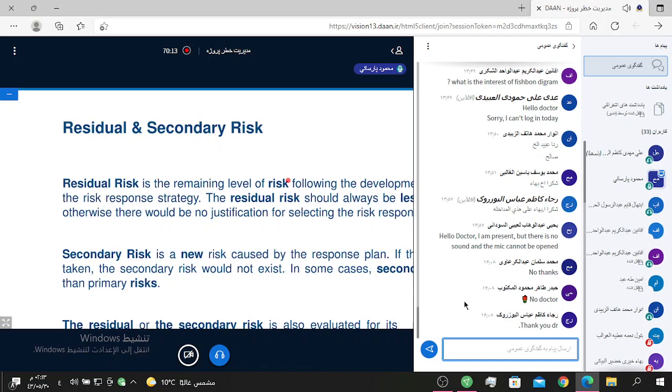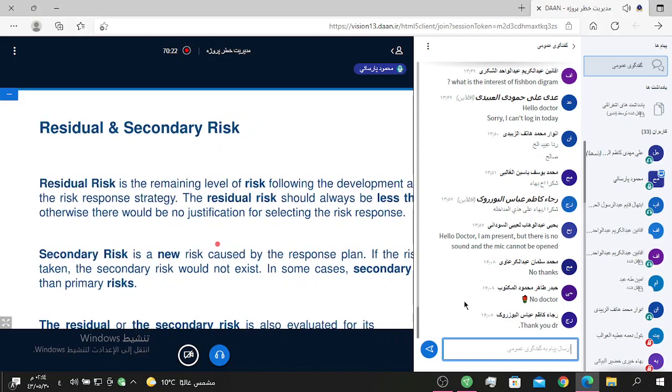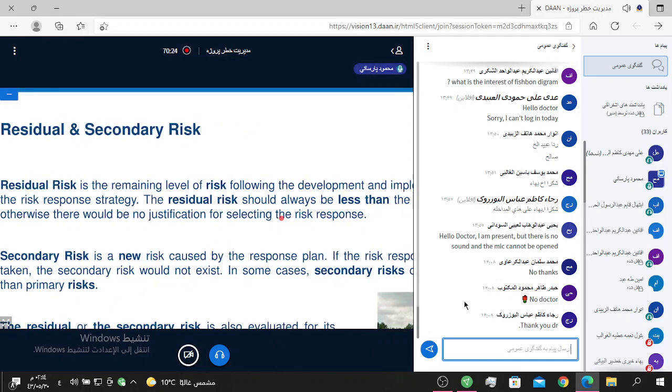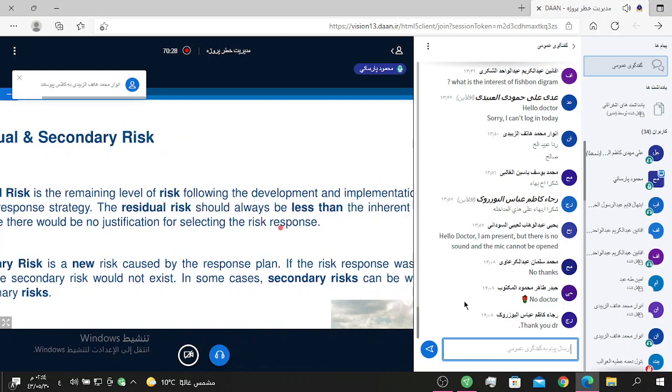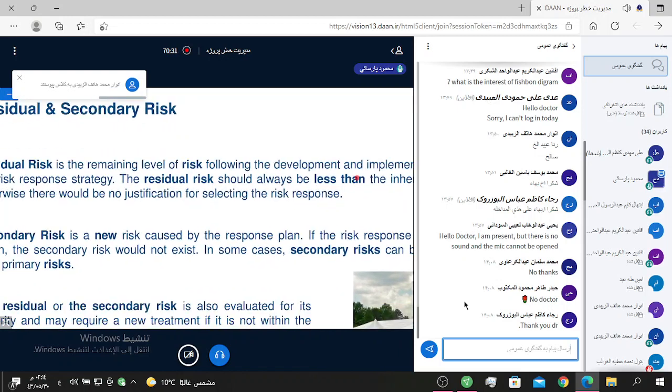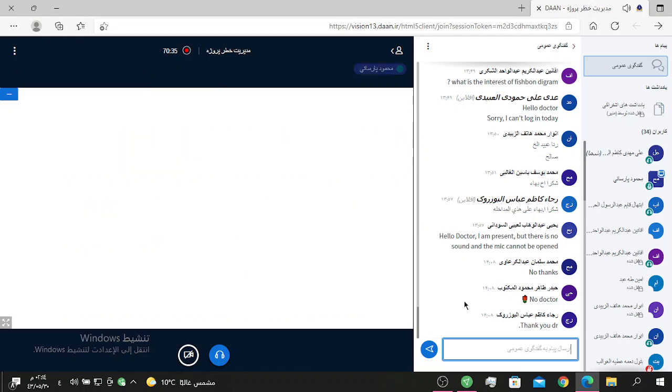These are different. Residual risk is the remaining level of risk following the development and implementation of the risk response strategy.